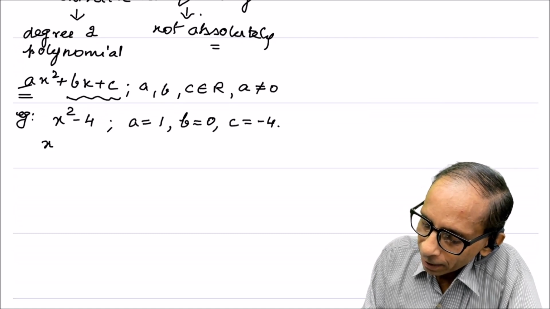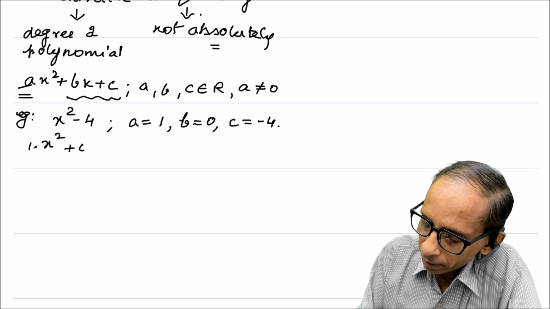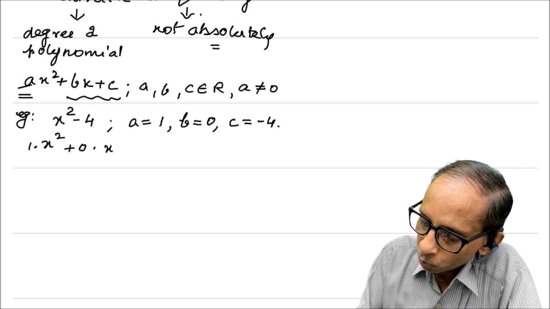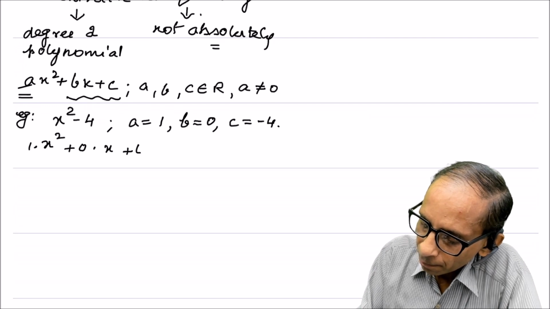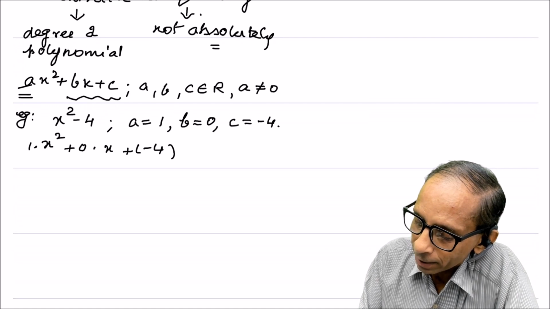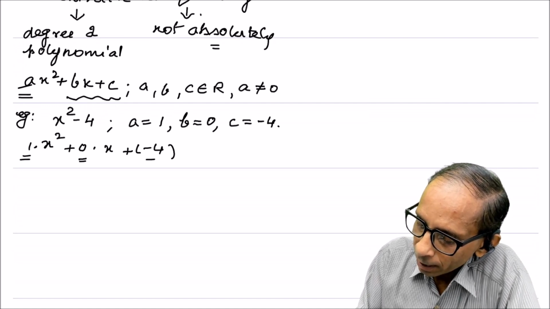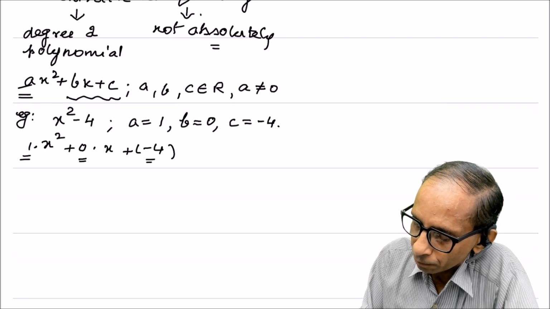In fact, we can write this as 1 times x square plus 0 times x plus minus 4, and that will show to us that a is 1, b is 0, and c is minus 4.